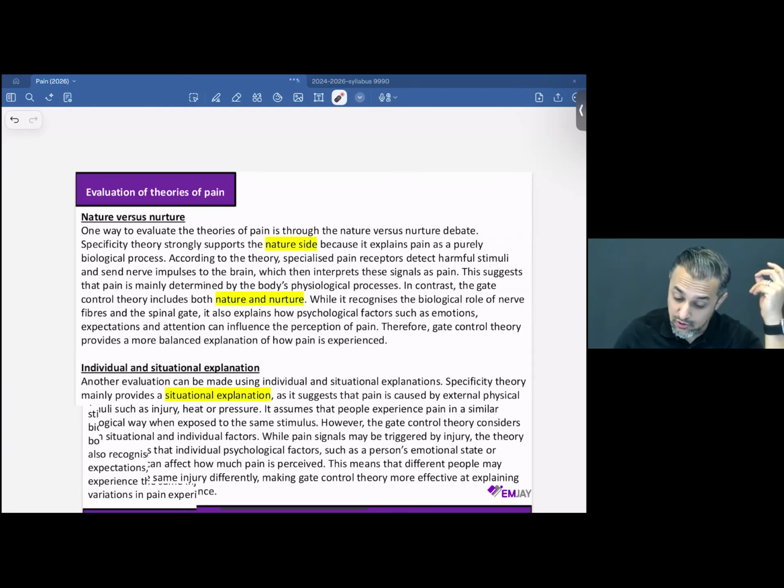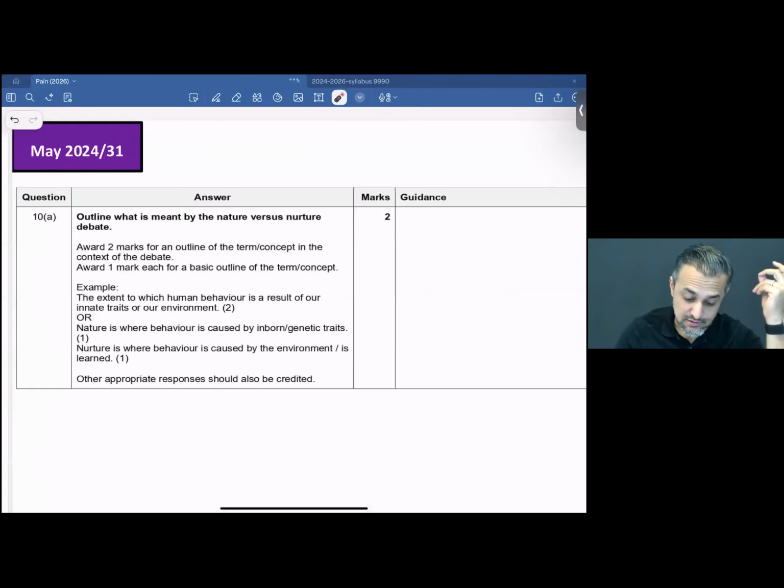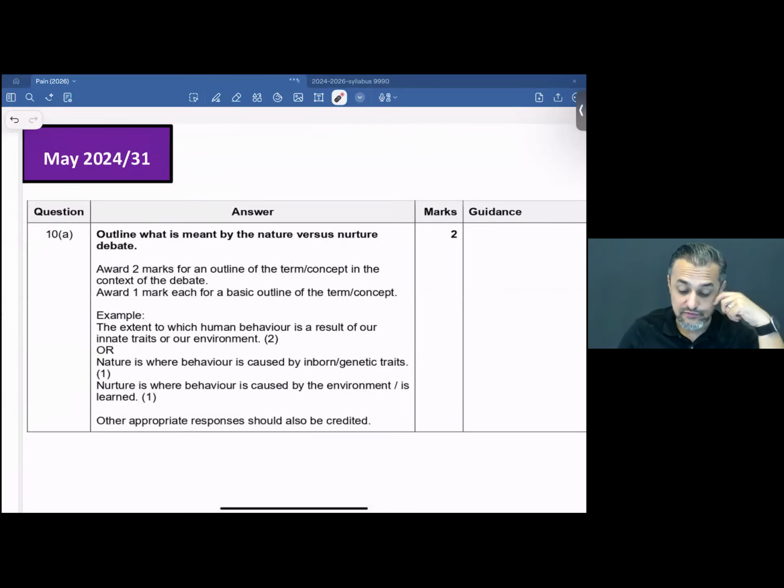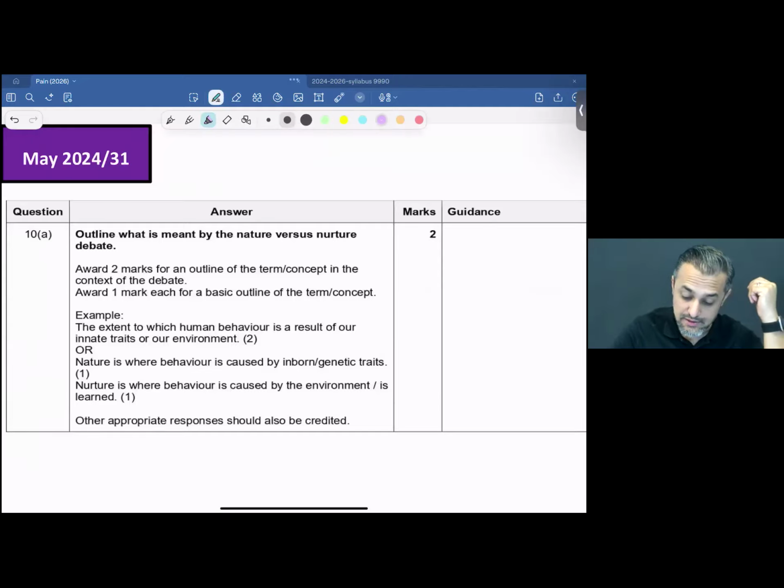Alternatively, you could get this question that you had in May June 2024, variant 3.1: outline what is meant by the nature versus nurture debate. In Paper 3 you do get a question on the issues and debates, at least a 2-mark question. So you could write the extent to which human behavior is the result of our innate traits or environment.